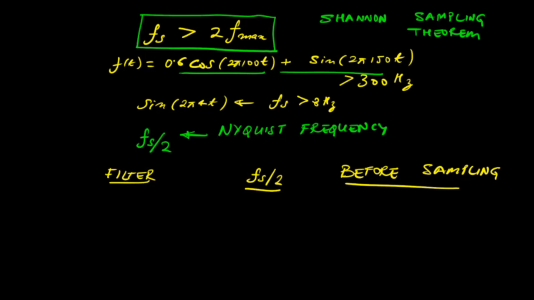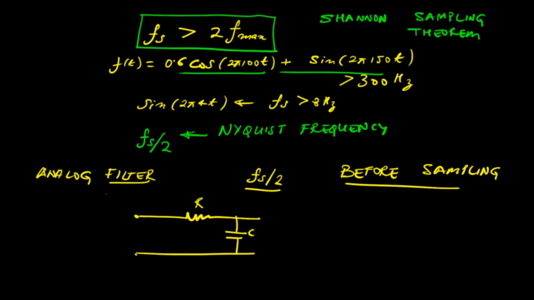So how can you do the filtering? Clearly you cannot use a digital filter because you need to apply this filter before sampling, and therefore you must use an analog filter. For example, in one of the previous lectures we've seen that this RC circuit acts as a low pass filter.